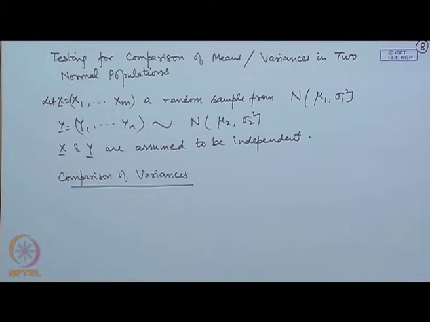That means, I need to test something like sigma 1 square is equal to sigma 2 square against sigma 1 square is not equal to sigma 2 square, sigma 1 square is less than or equal to sigma 2 square, or sigma 1 square is greater than sigma 2 square, etc. That is the comparison.